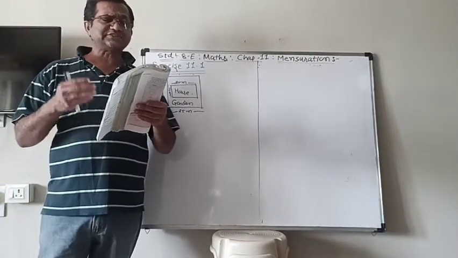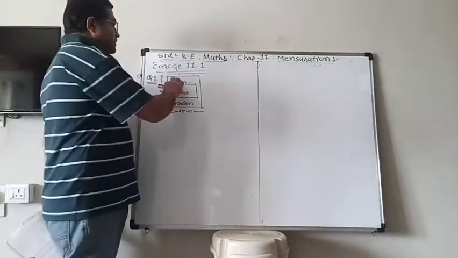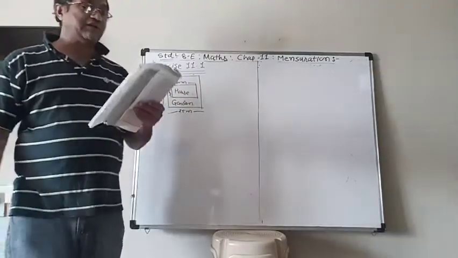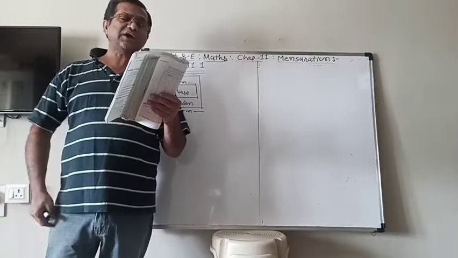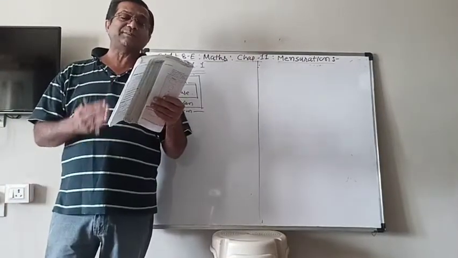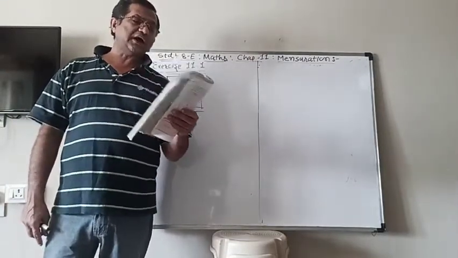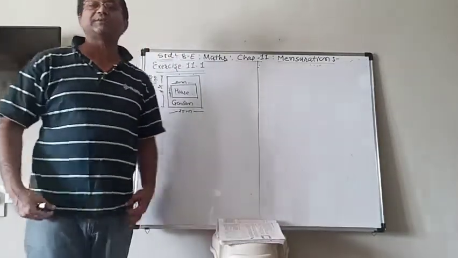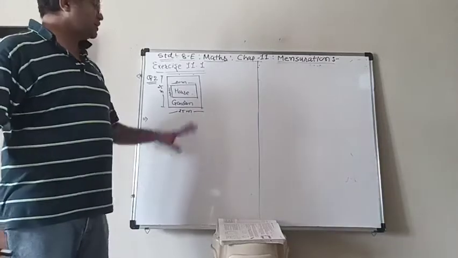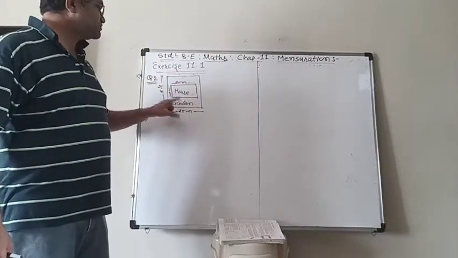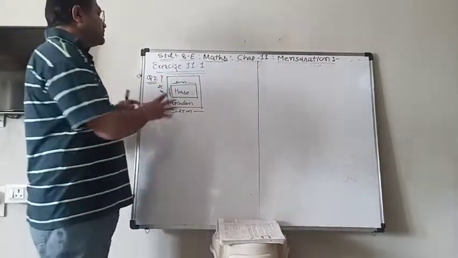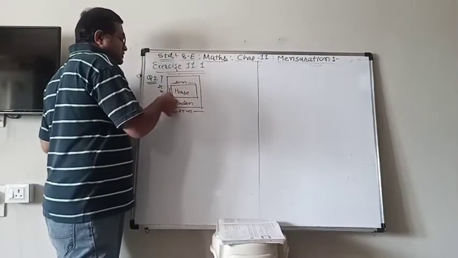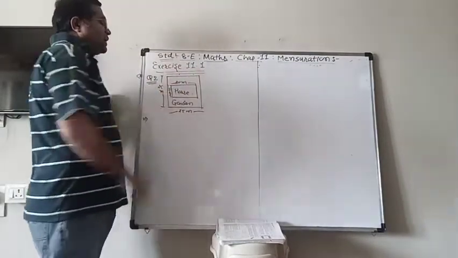A garden is developed around the house, meaning in the remaining part the garden should be developed, and we have to find the total cost of developing a garden around the house at the rate of rupees 55 per meter square. So here we need to find the area of the garden. The garden is not this, but only this area around.